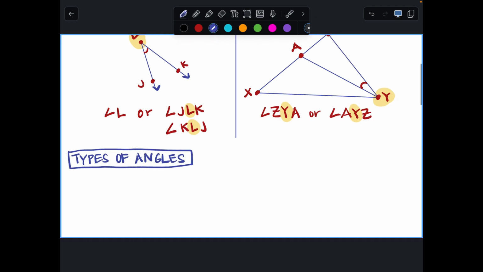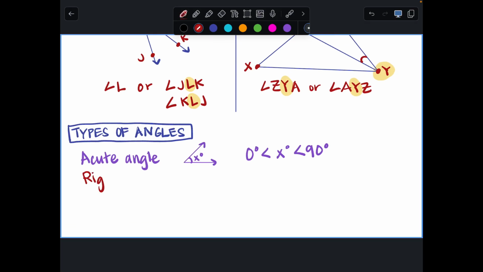So let's talk about the different types of angles. An acute angle is between 0 and 90 degrees. A right angle equals 90 degrees.